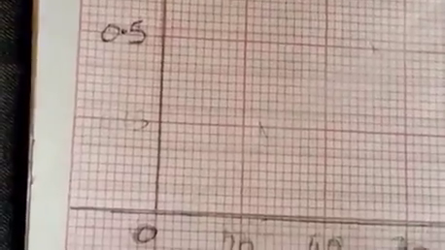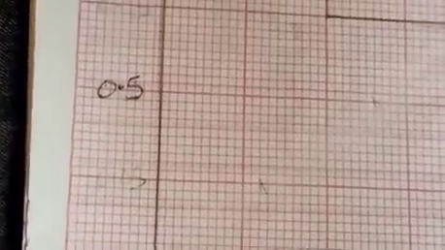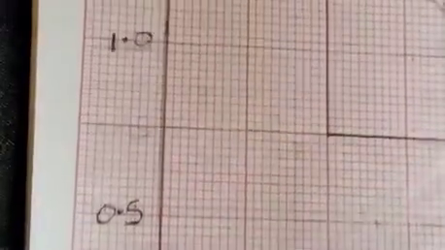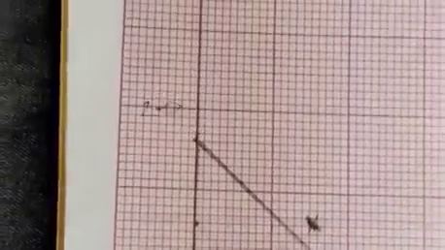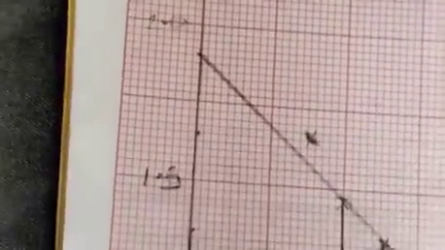For the scale, to cover the vertical axis, we chose 2 big boxes, and 2 big boxes means 4 cm, since each box is 2 cm. 4 cm to 0.5 unit on the vertical axis. You can count 0.5, 1.0, 1.5, 2.0.